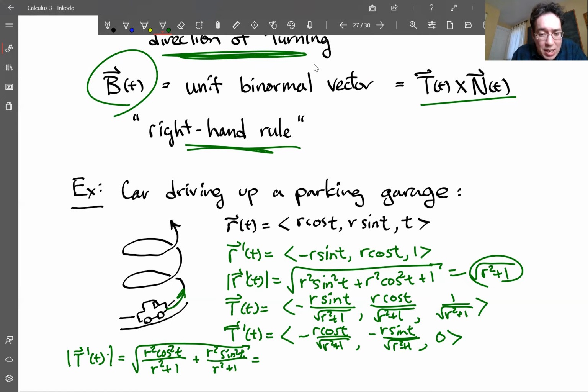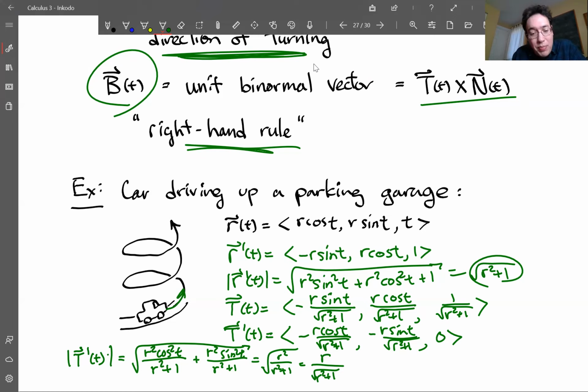Again, if we factor out the constant, we just get cosine squared plus sine squared, which turns out to be 1. So we just have square root of r squared over r squared plus 1. And r, we could just take out r from the square root to just have r on the outside.